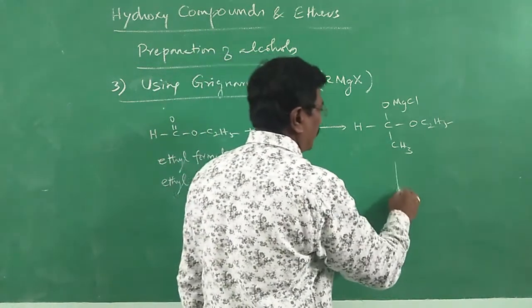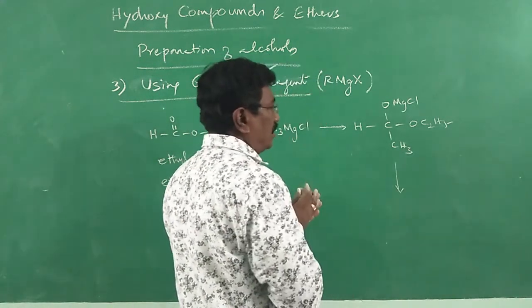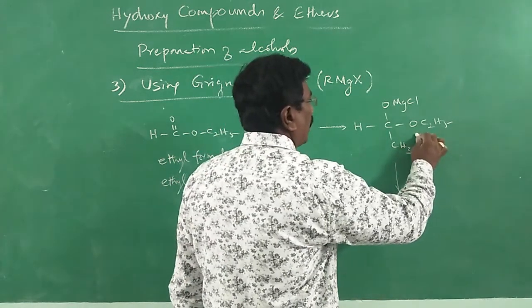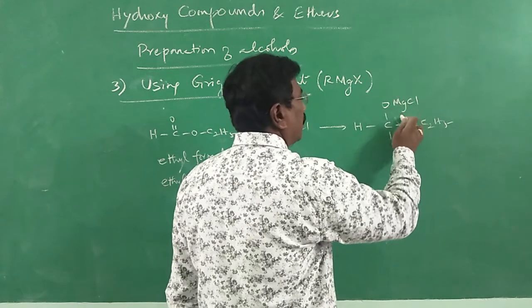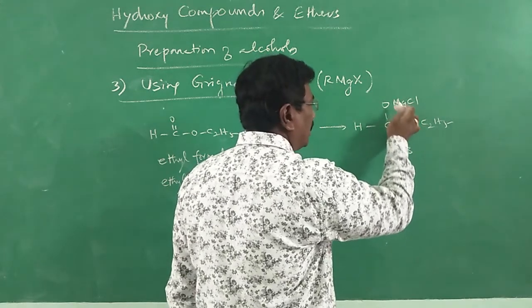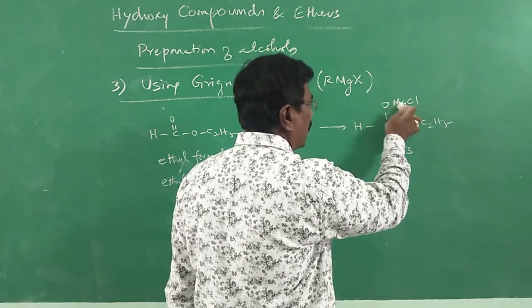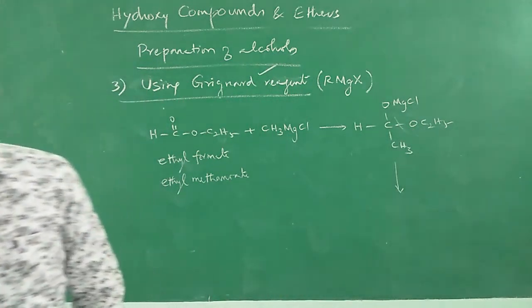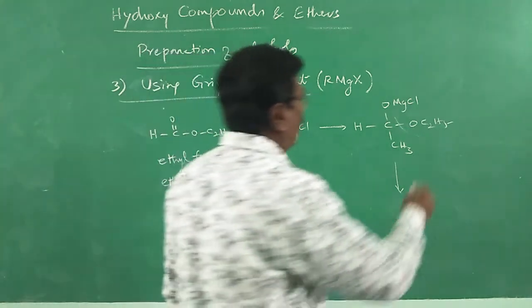So hydrolysis. Before that, what is happening? Here one important thing: magnesium is bonded with oxygen, and at the adjacent carbon we have the ethoxy group. The tendency of magnesium is also to take up the alkoxy group.